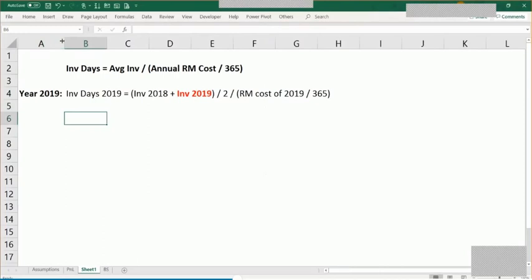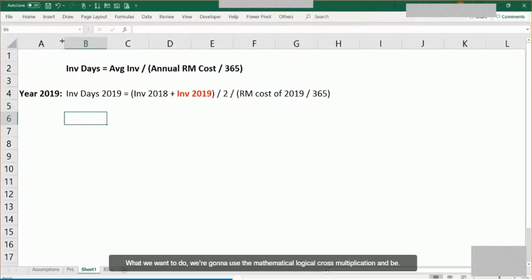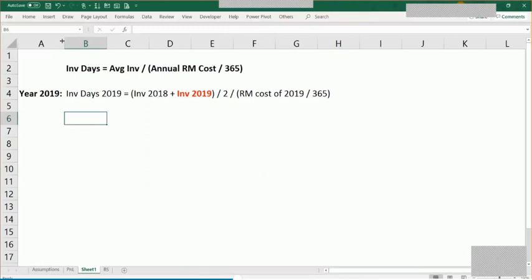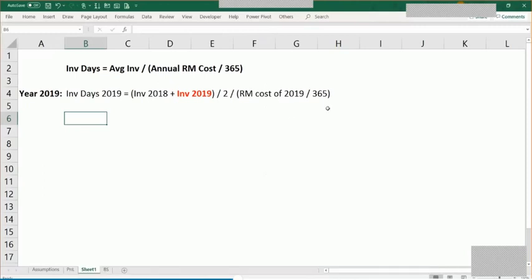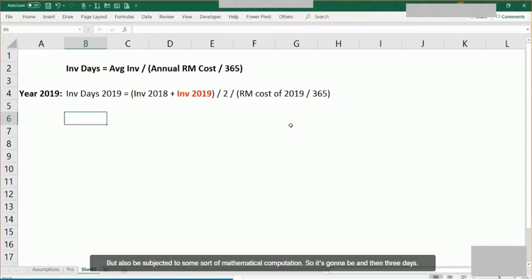What we are going to do is use the mathematical logic of cross multiplication and work out the inventory for 2019. So let's do a cross multiplication, and before that, what you see in the denominator would also be subjected to some mathematical computation.